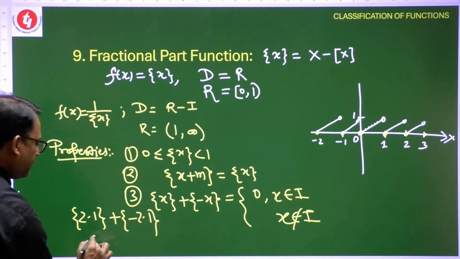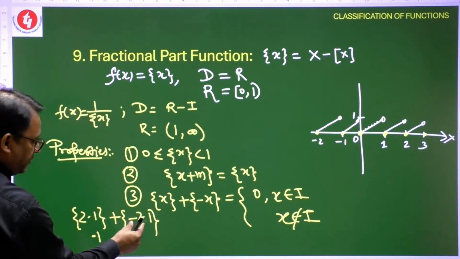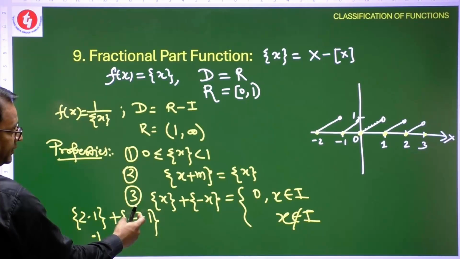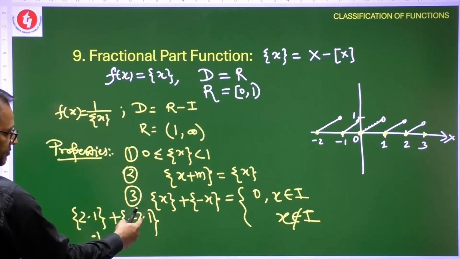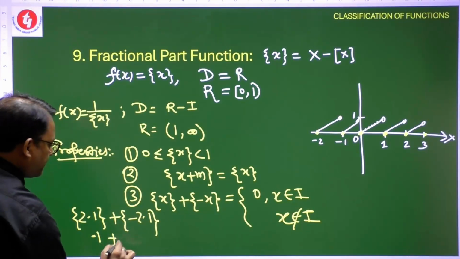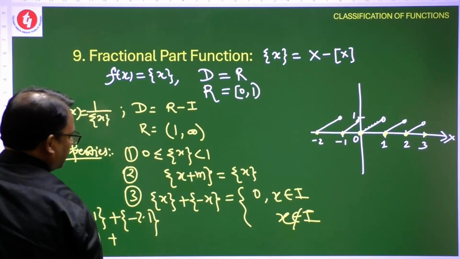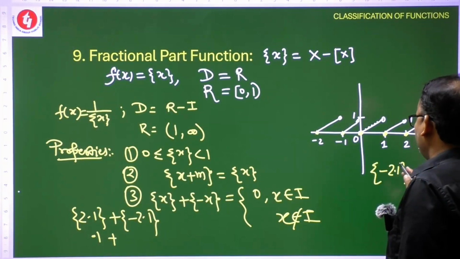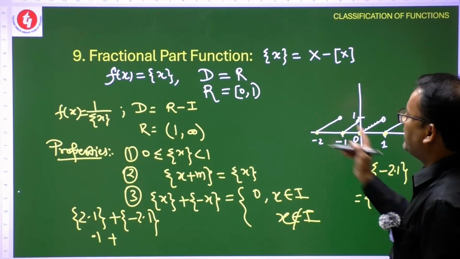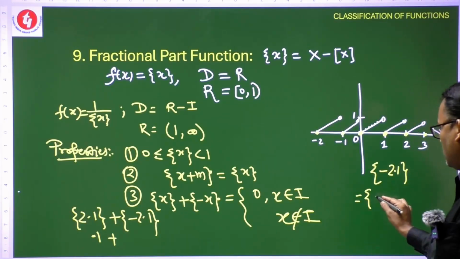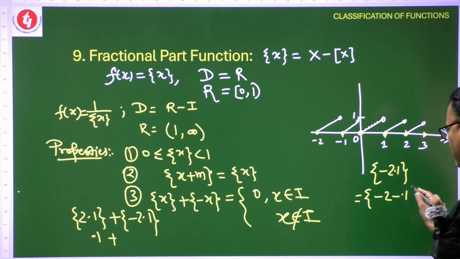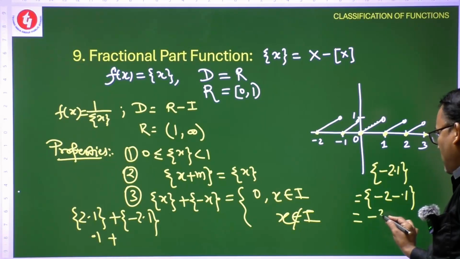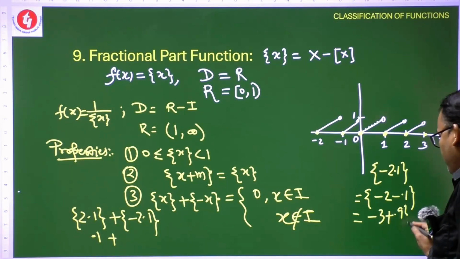Again I am repeating, suppose it is the fractional part of 2.1 and of minus 2.1. From here you have 0.1. Since it is a negative number, you have to find the fractional part of minus 2.1 in this way. Because the fractional part always lies between 0 and 1, this will be minus 2 minus 0.1, which can be written as minus 3 plus 0.9.